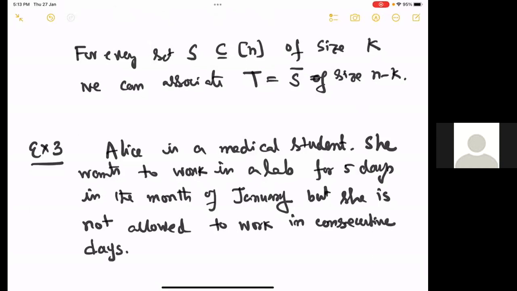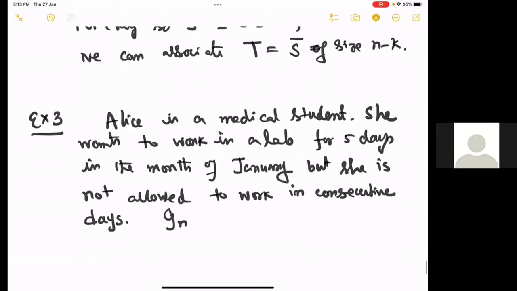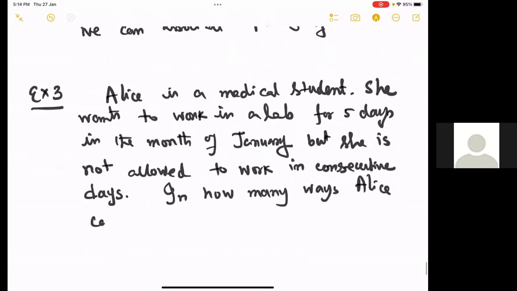So, in how many ways can Alice plan her work days?